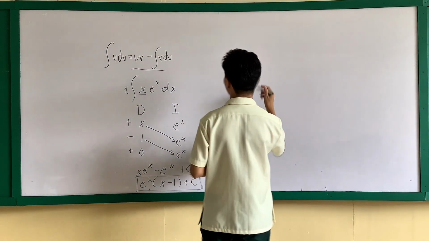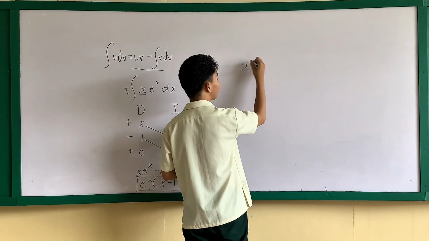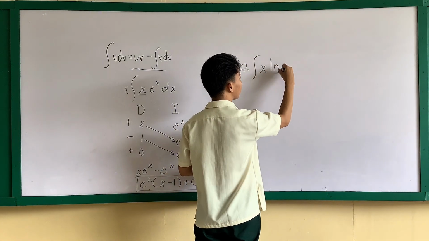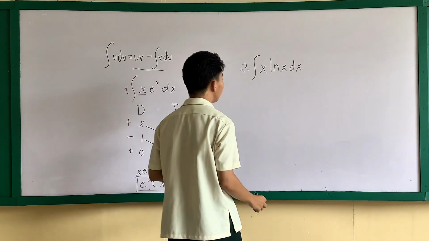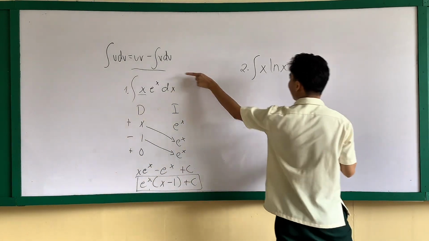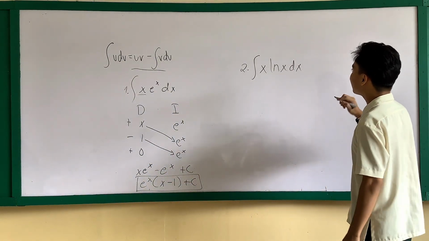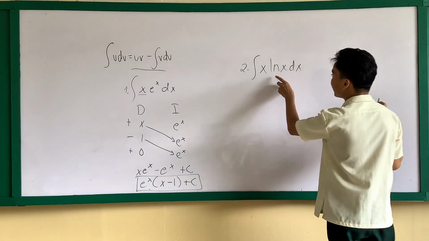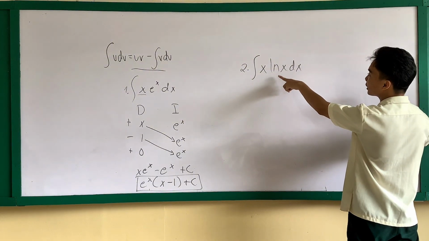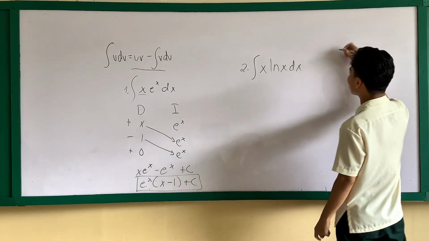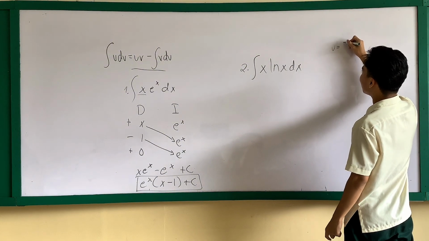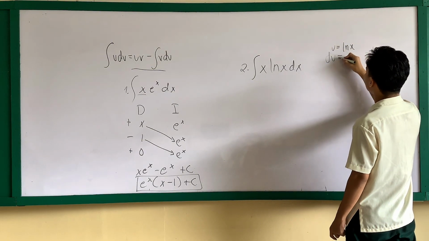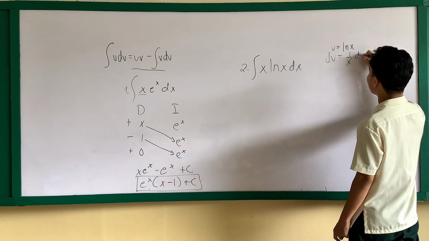So now let's proceed to our problem number 2, which is the integral of x ln x dx. In this problem, we're going to use the formula. Since ln x is easier to derive than to integrate, we're going to let u equal ln x, then derive, going to 1 over x dx.